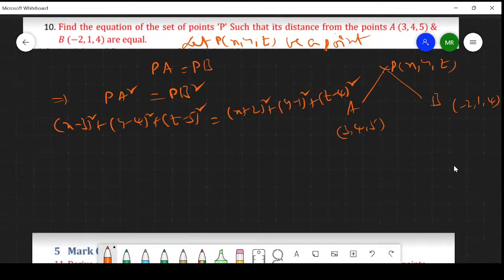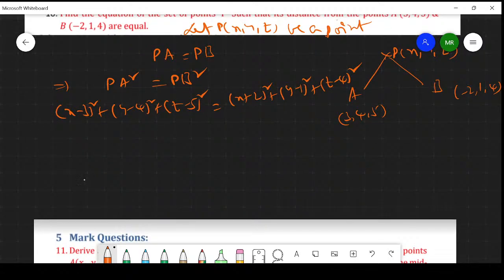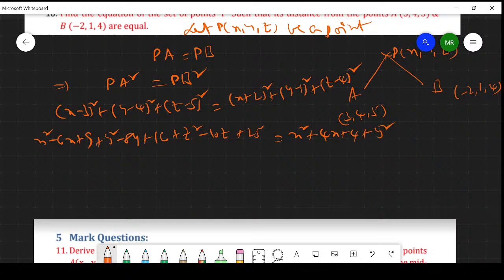Now you simplify both sides. Just expand. If I expand x minus 3 whole square: x square minus 6x plus 9, y square minus 8y plus 16, z square minus 10z plus 25, equal to, expand again, x square plus 4x plus 4, y square minus 2y plus 1, z square minus 8z plus 16.